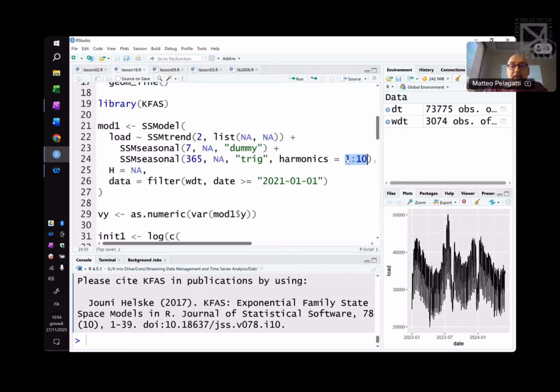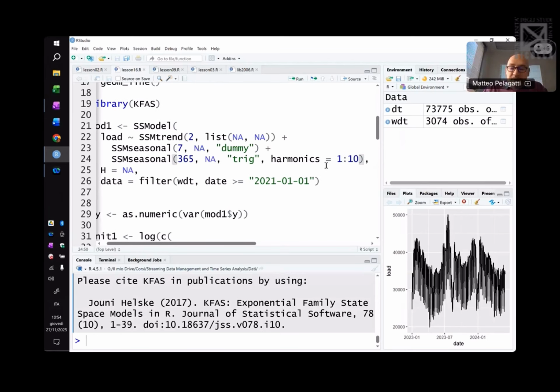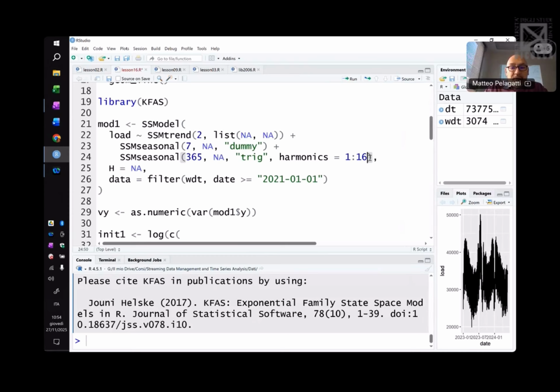Indeed, I usually use on this time series about 16 of them. So we can just start by changing this number to 16. Of course, the state vector increases by 12 variables, so it will be a little bit more heavy to estimate.